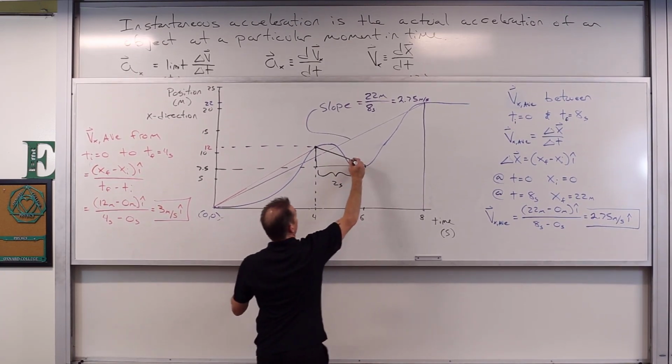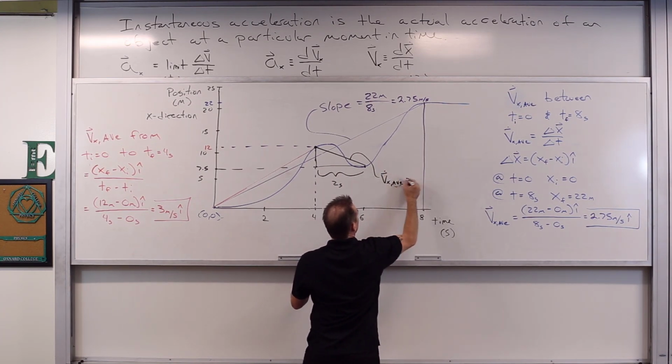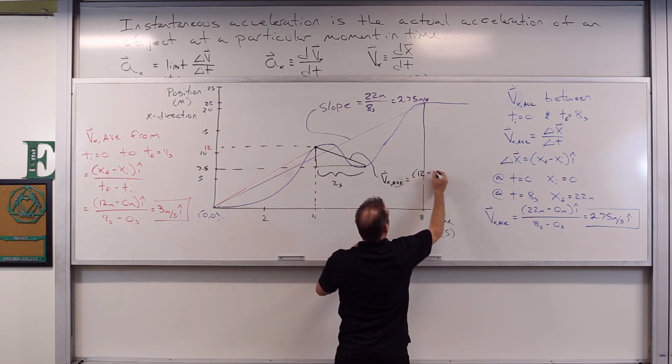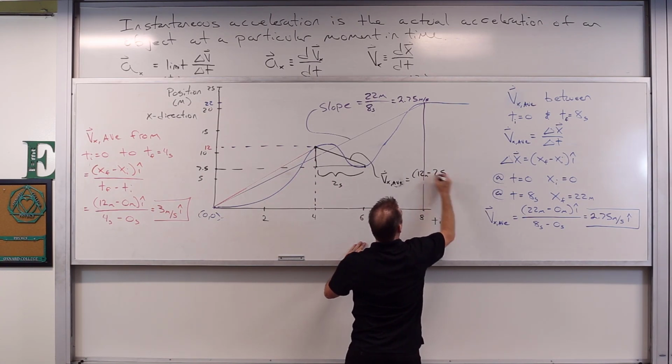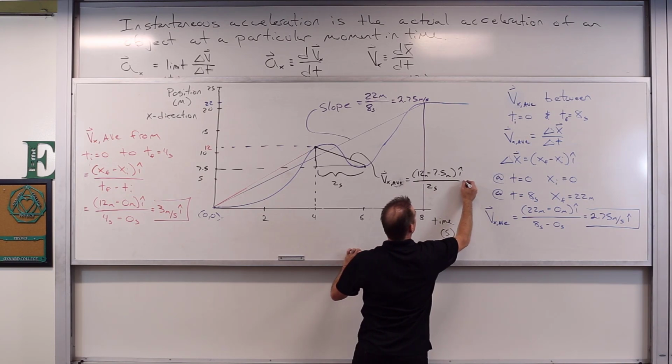We would have for this, the x average is going to be equal to, well, we've got 12 minus 7.5 meters pi hat divided by 2 seconds.